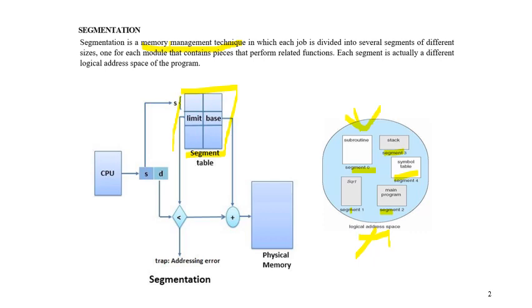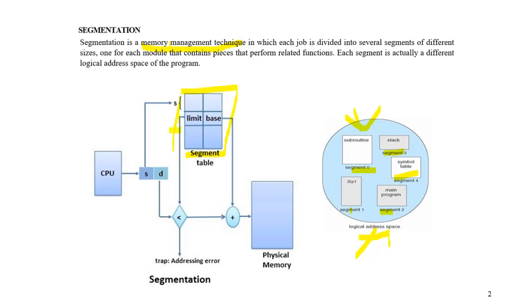Next is the limit. As we have discussed, the size of each segment is different. Thus, each segment has its own limit defined, and it tells the system about the size or length of that particular segment.